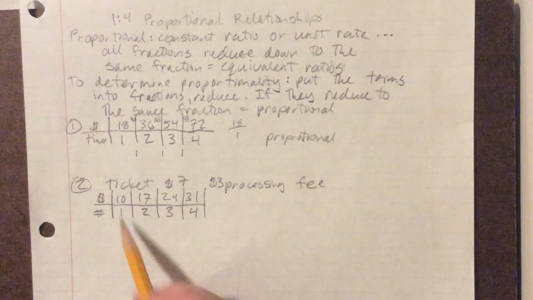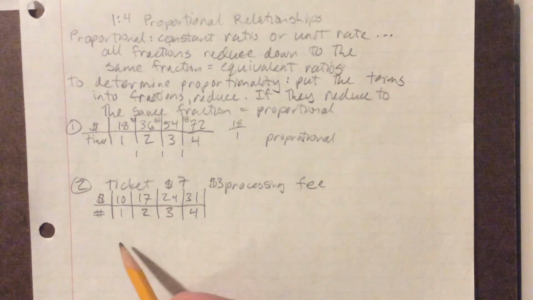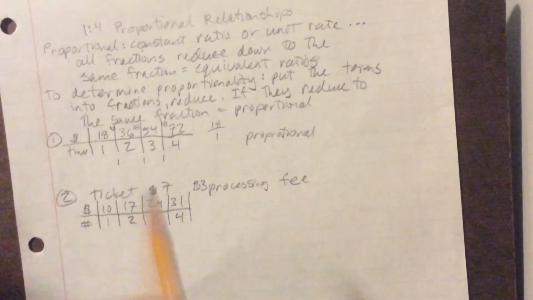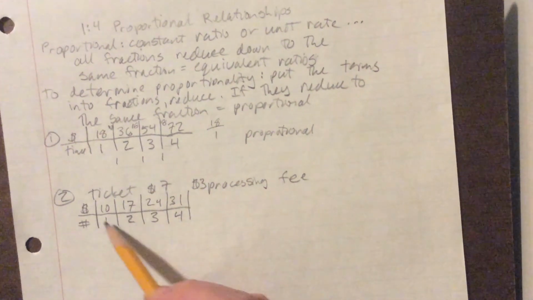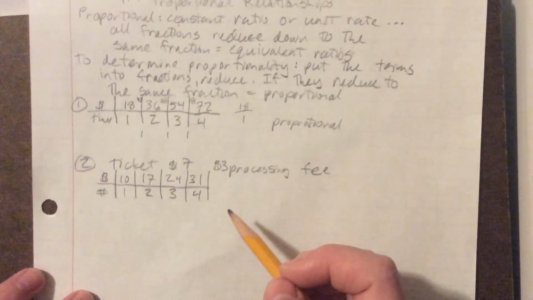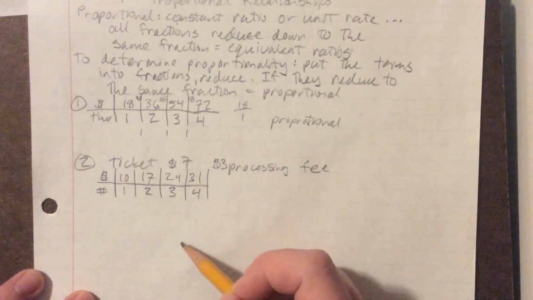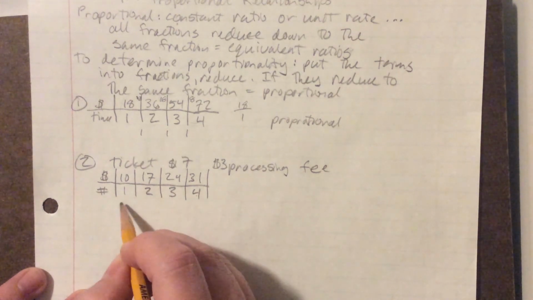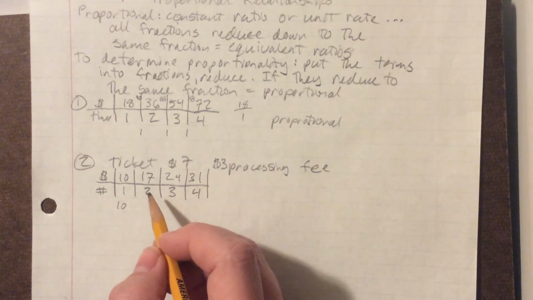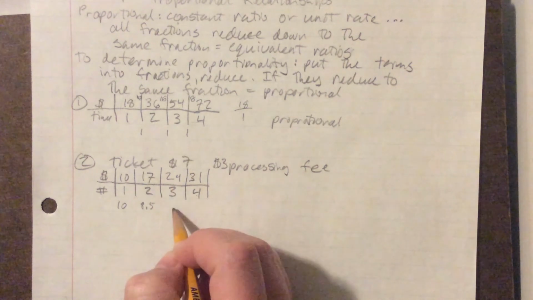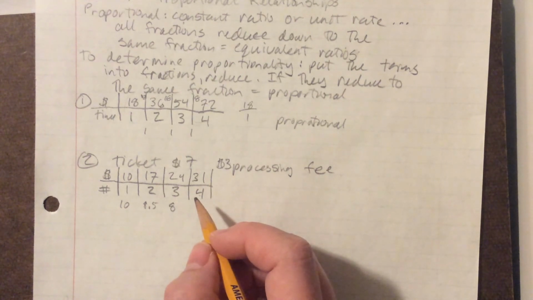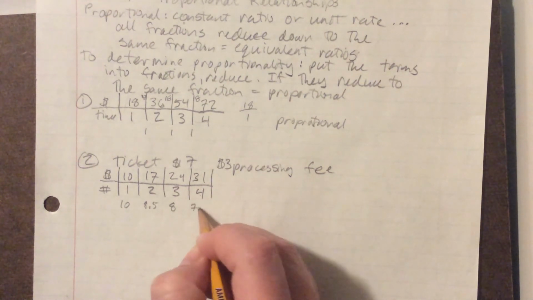However, if we look at reducing the fractions, 10 over 1 reduces to 10. 17 over 2 does not reduce down to 10 over 1. 17 over 2 doesn't reduce, really, because 17's not even. 24 over 3 reduces to 8. 17 over 2, if we do the division, is 8.5. 24 divided by 3 is 8. 31 divided by 4 is 7.75.